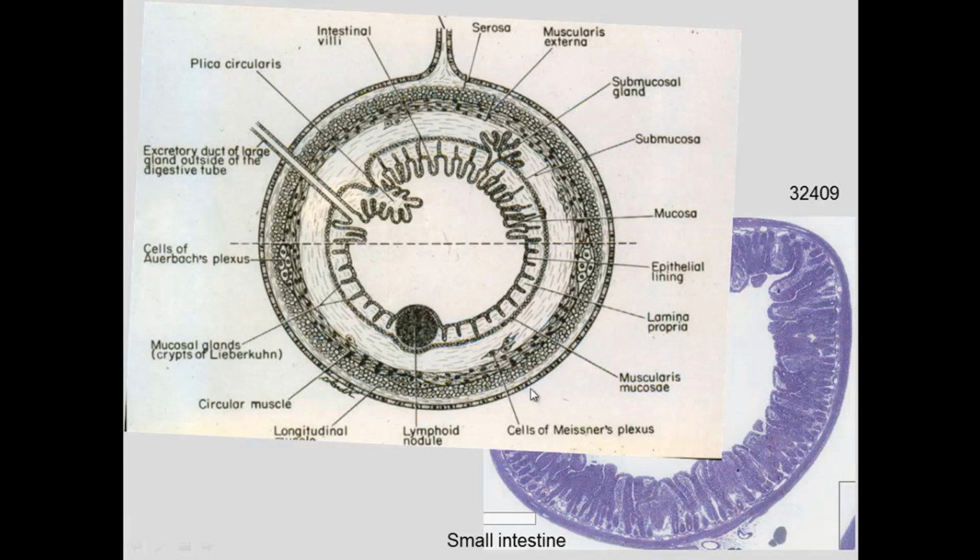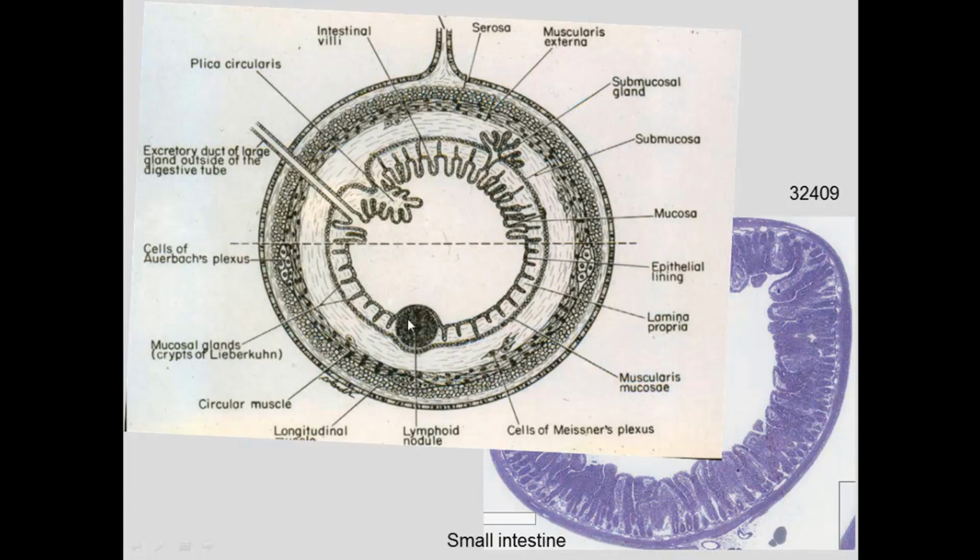If we go the other way, we can see there are nerve cells in the submucosa, the Meissner's plexus, that regulates the muscularis mucosa. There are also nerve cells, these are cell bodies, ganglion cells here and here. That's the Auerbach's plexus that regulates the peristalsis in the muscularis externa.